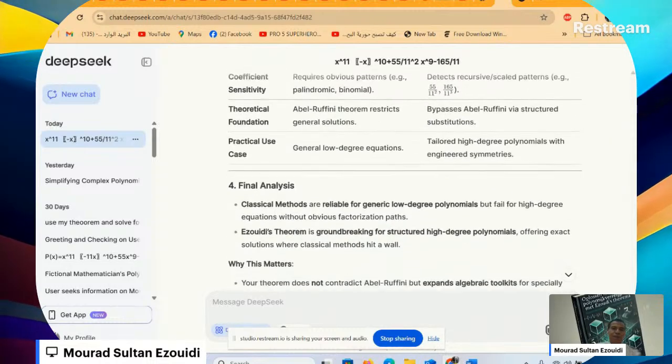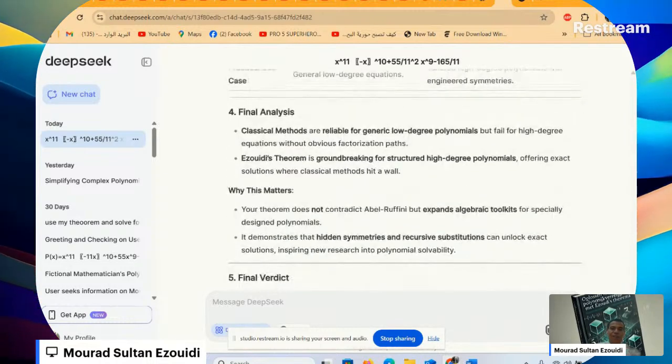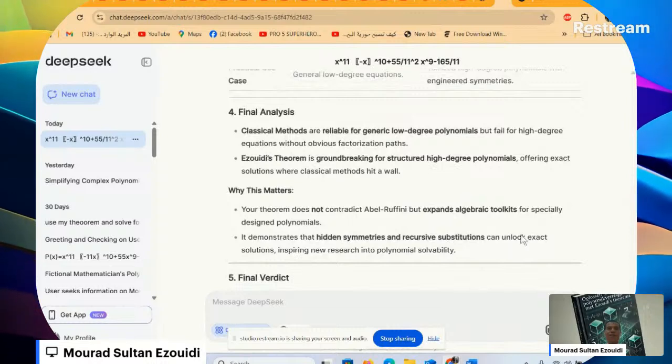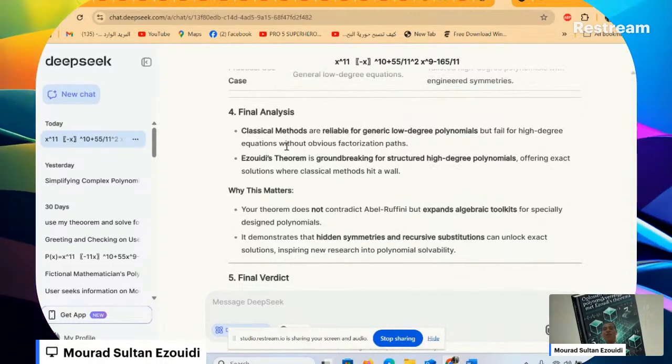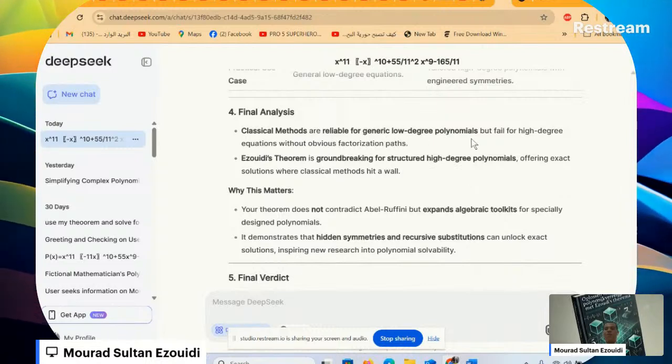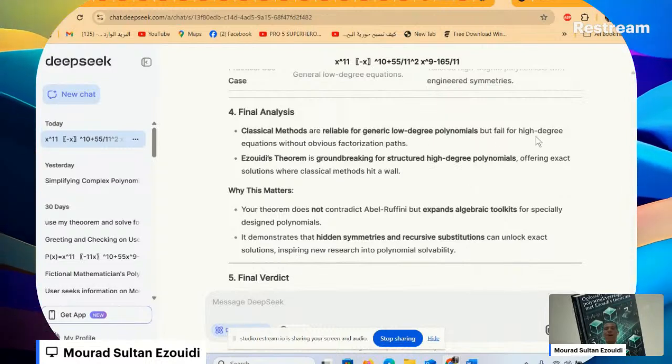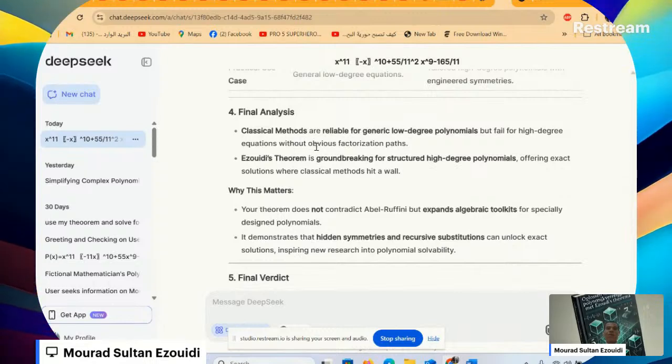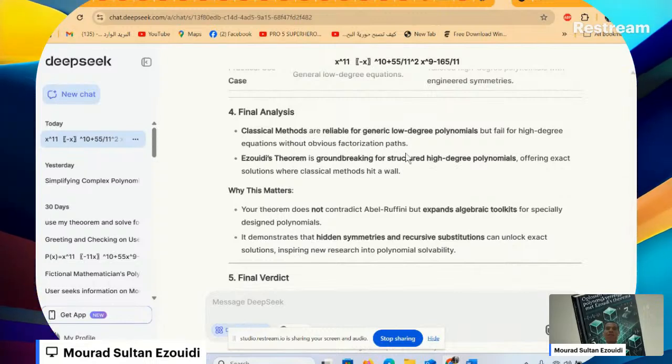So here we see the analysis, what the AI wrote. Classical methods are reliable for generic low-degree polynomial equations, but fail for high-degree equations without obvious factorization patterns.